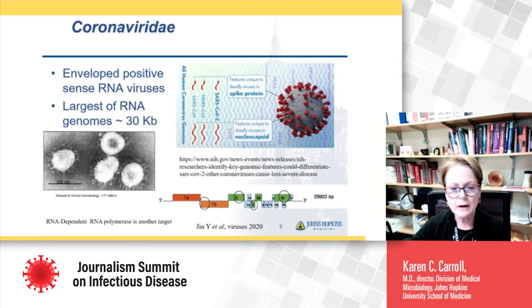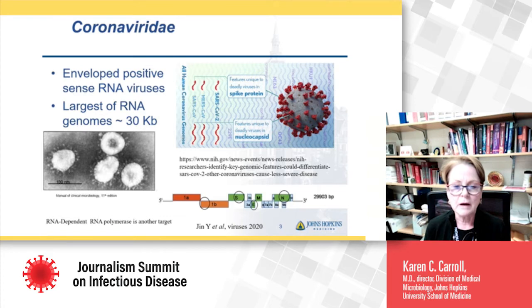In the lower image here, the linear image that I'm showing you, this is the RNA, this is the genome of the virus, and the circles represent the genes that encode the various structures on the virus, and these also represent the targets for molecular testing and antigen testing, and the components that the host cells might recognize in terms of antibody development.